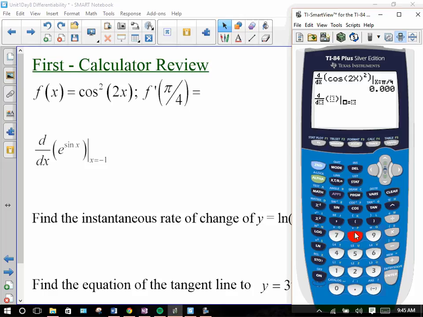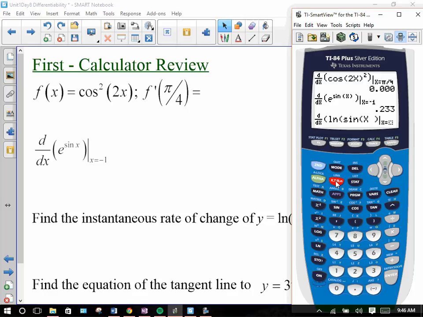We go math 8. This one's nice. It's already literally written for us, so we don't have to think too much. We have e to the sine x power, so sine x. We're evaluating that at -1. Enter. You all get that? Math 8 is going to be evaluating for x. There's a natural log of sine x.